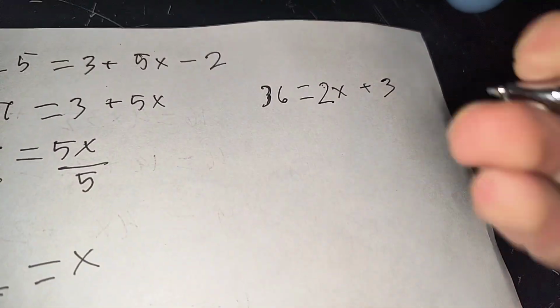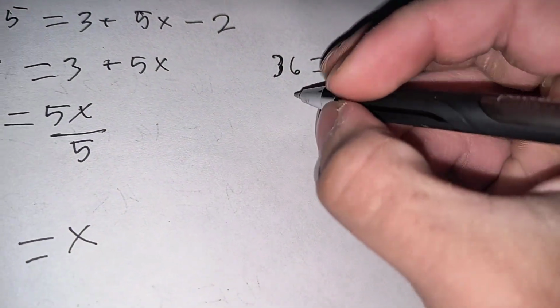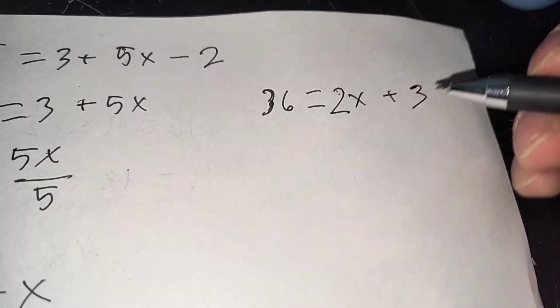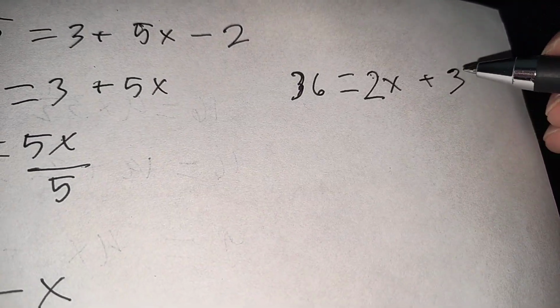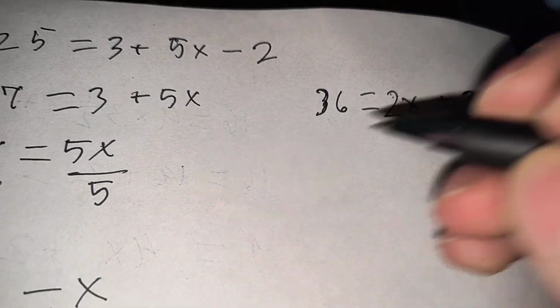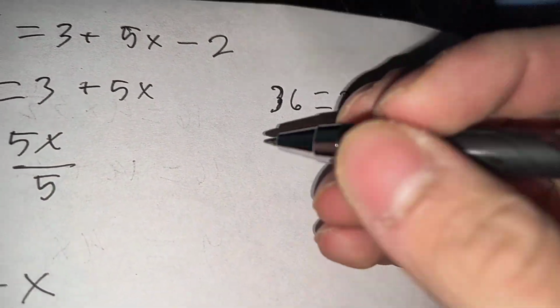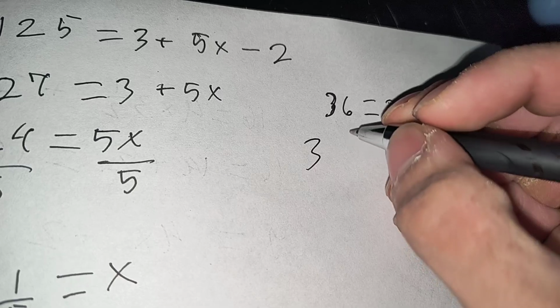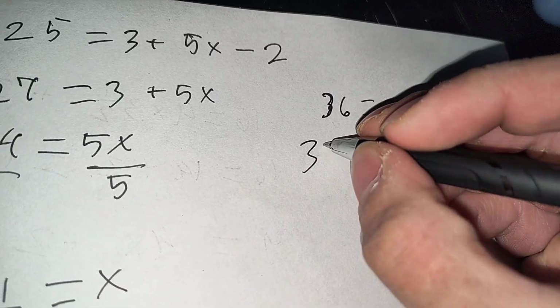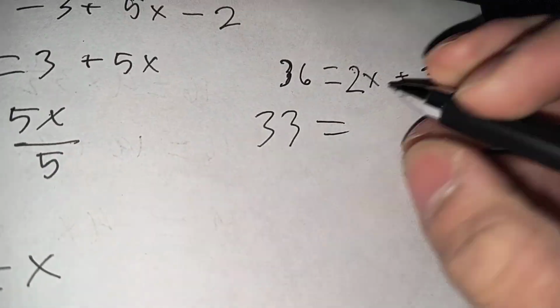Okay, well, let's do the opposite operations and then just remove 1. So 3, doing the opposite, we're adding 3 here, so we're going to subtract 3 from this side. It is 33, and then we just remove 3.